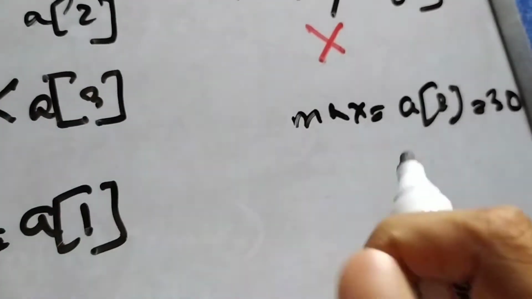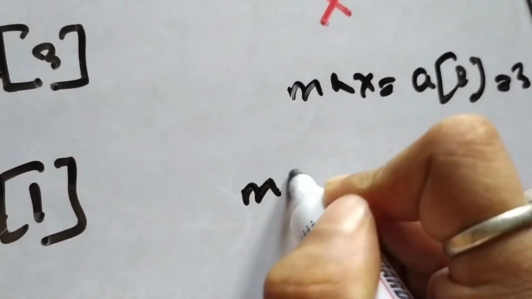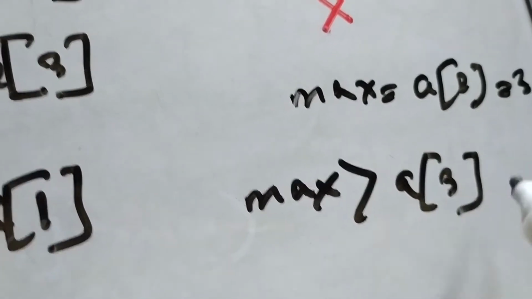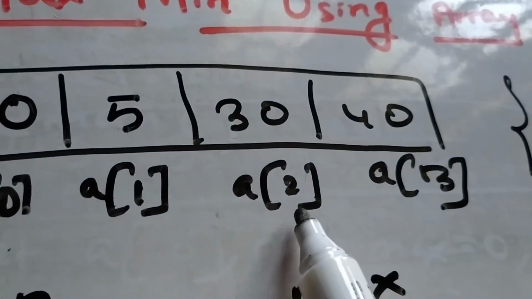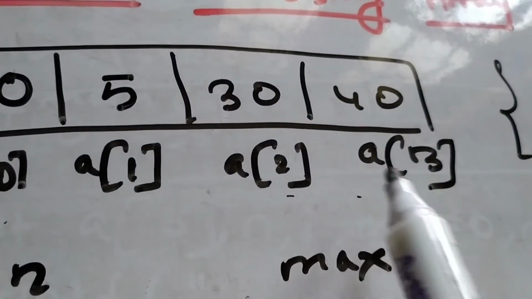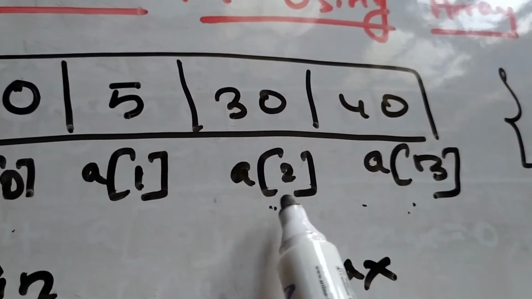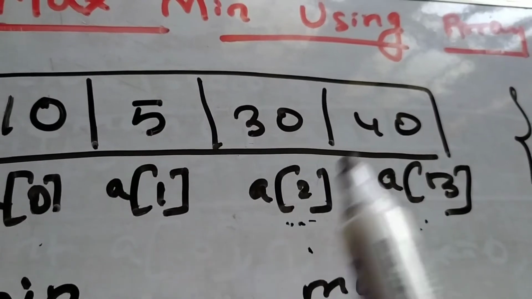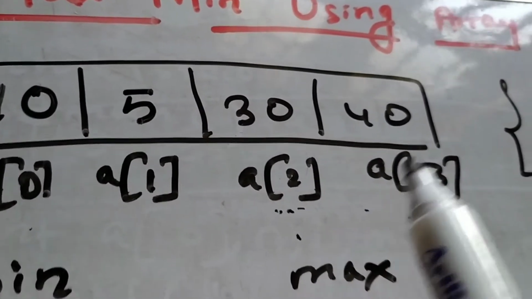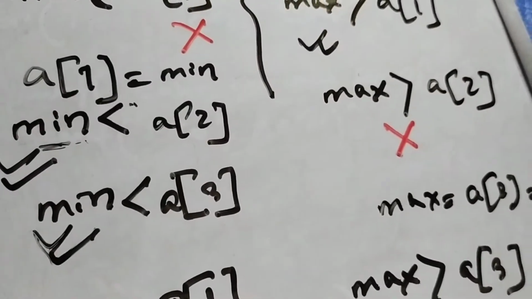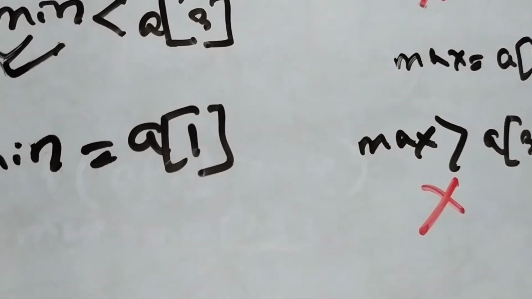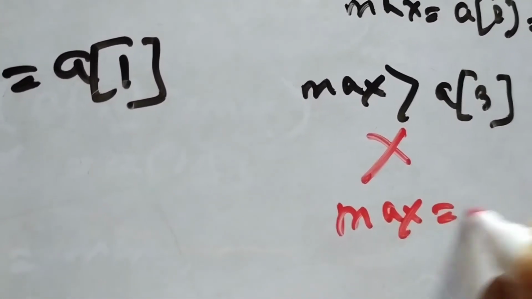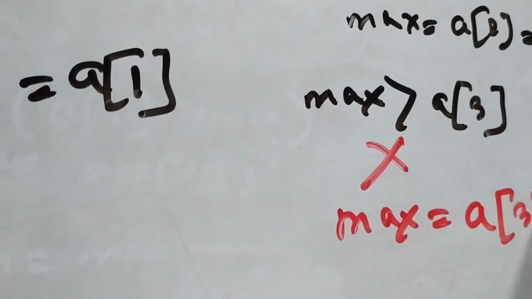Now again max greater than a3, but 30 greater than 40 is not true because 40 is greater. So again this condition will fail, and the maximum value is max equal to a3.